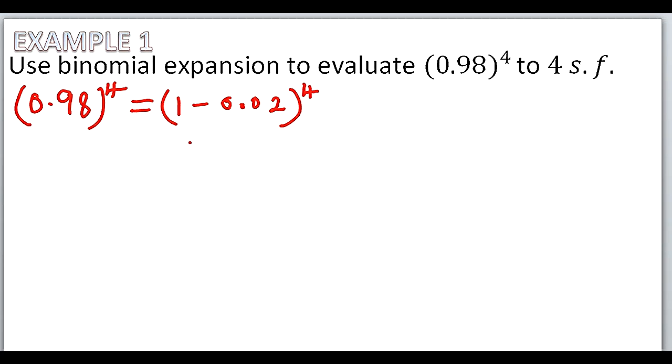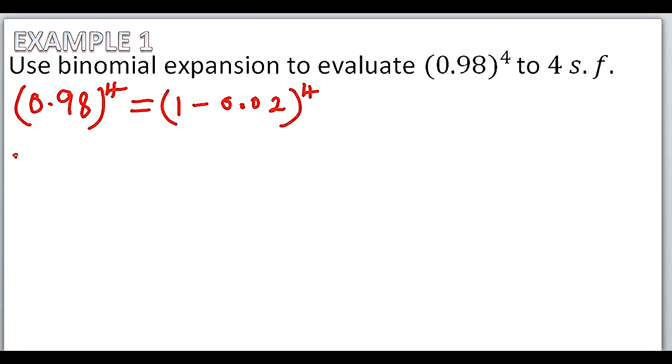So note here we have not changed, because when you subtract 1 minus 0.02, you still get 0.98. So we are writing it in this form. So we can now use binomial expansion to help us solve this.